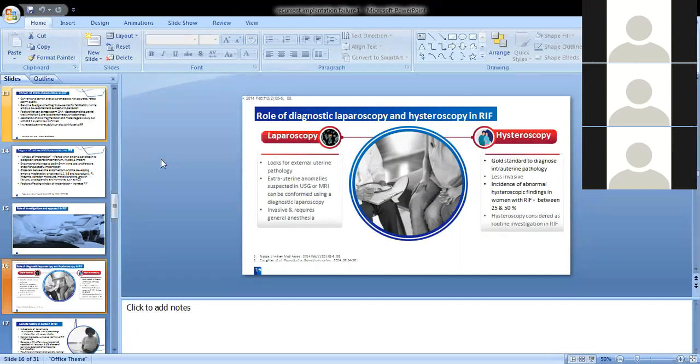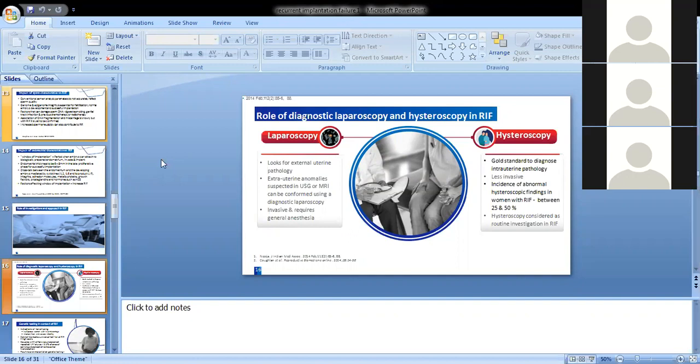But one advantage is it is less invasive, and also in the same sitting along with diagnosis, if there is a septa or polyp or adhesion, you can do these therapeutic procedures by hysteroscopy, and that of course can improve the implantation rate.